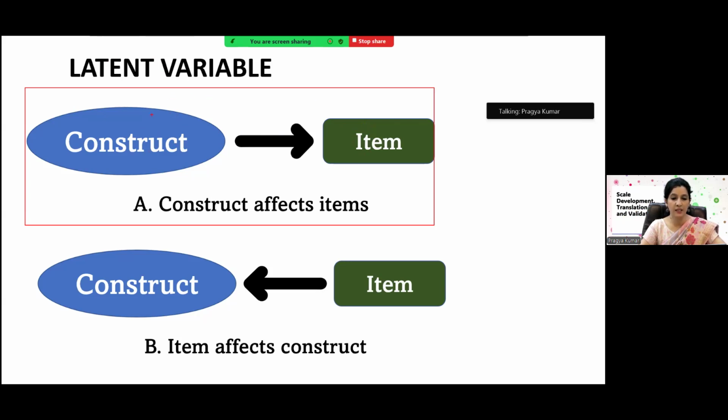Any change in the depression will affect the item score. It is not that a change in the item score will affect depression. Depression is not getting affected by the item score; rather, the item score is getting affected by the depression.